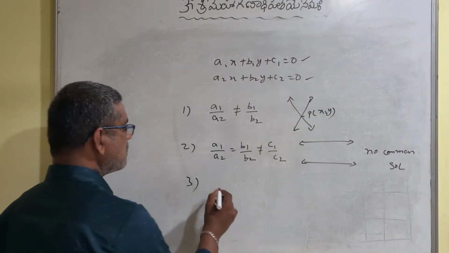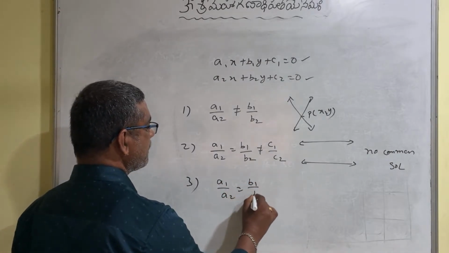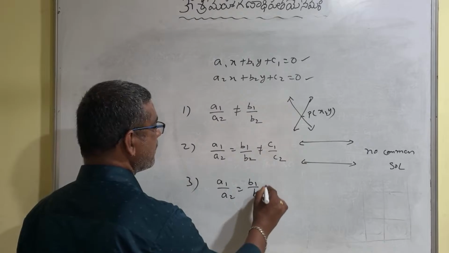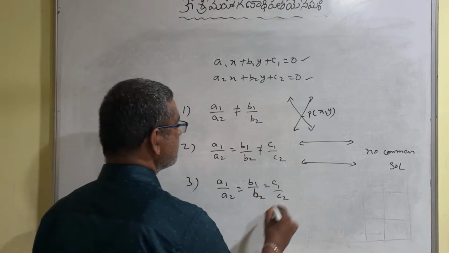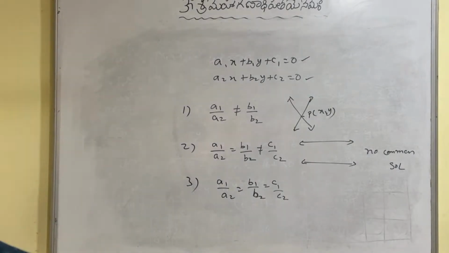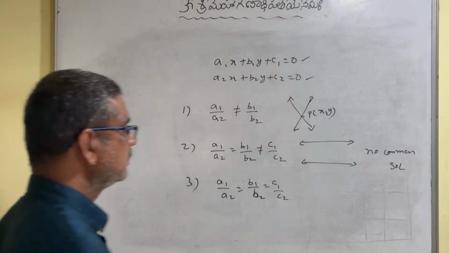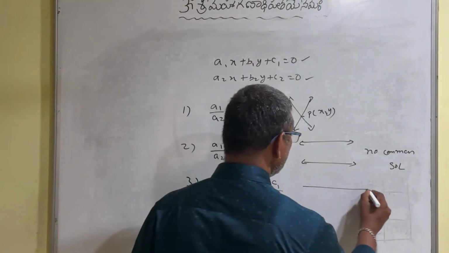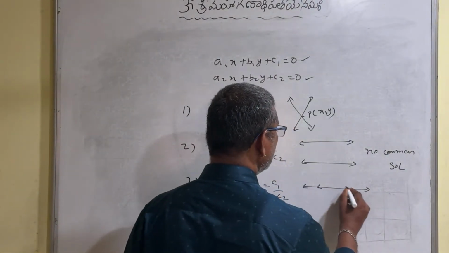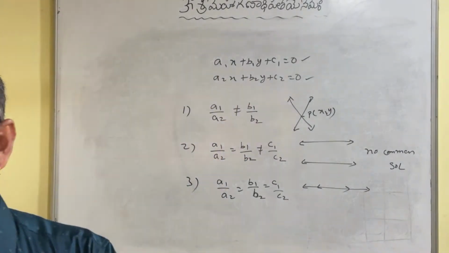Now, if all the three ratios are equal, then we can say that both the lines will coincide with each other.